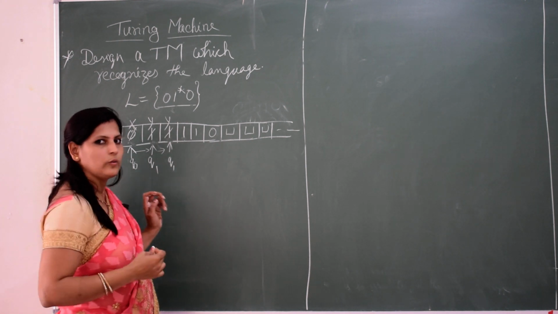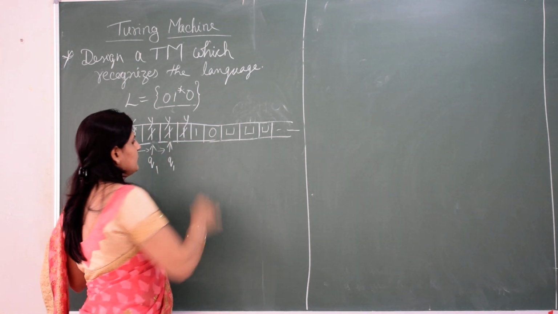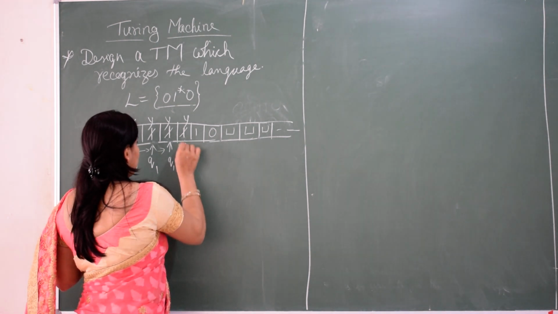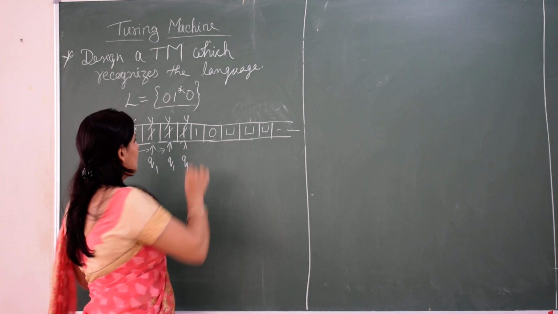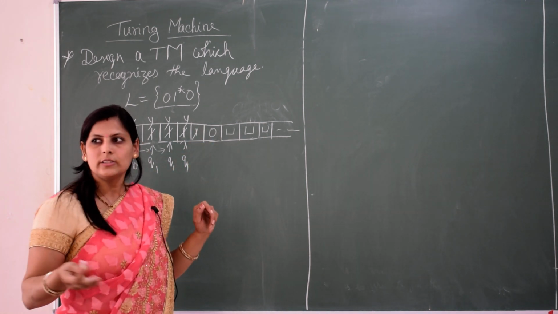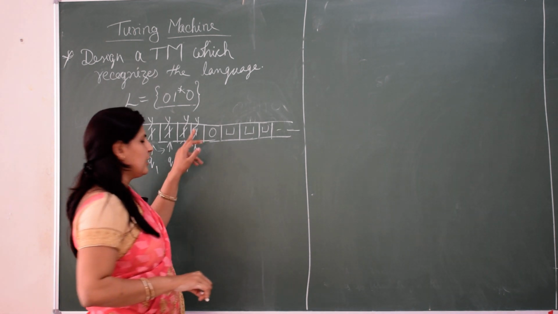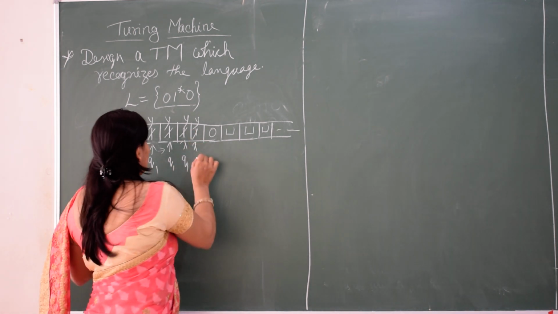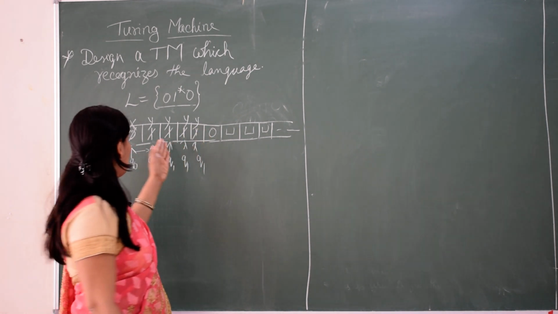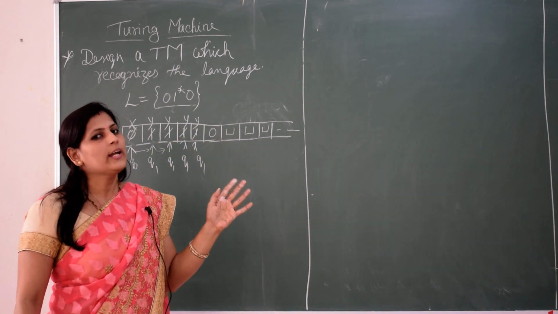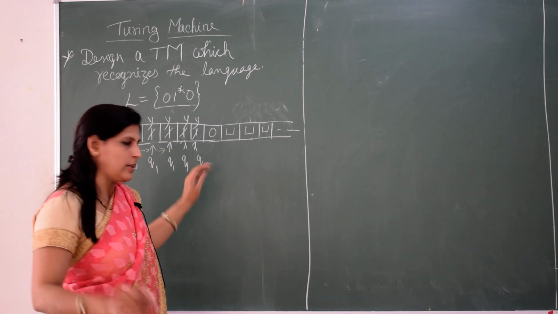Next, again 1 is there, I'll convert it into Y, and I'll be in the same state. Next again I have 1, I'll convert it into Y, and I am in the same state. Right now it was only 4 ones, you can have any number of ones, and I am at the same state. Then what?